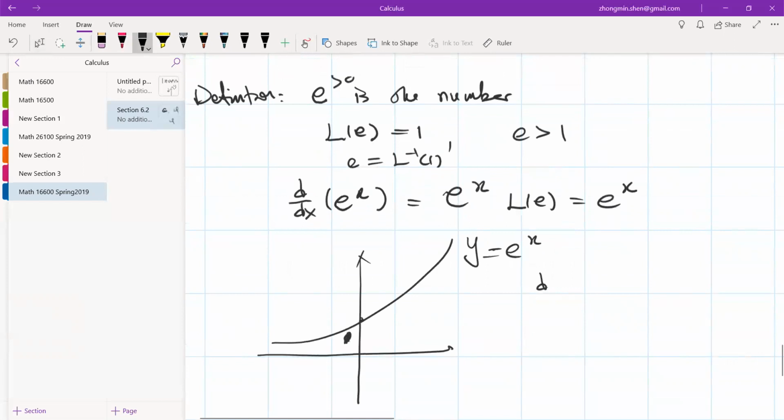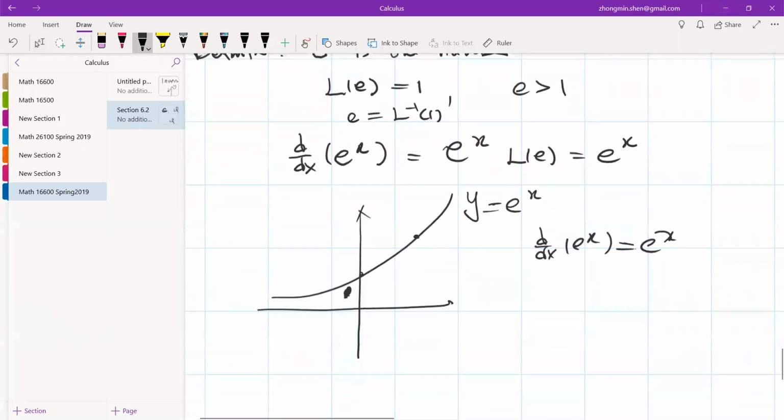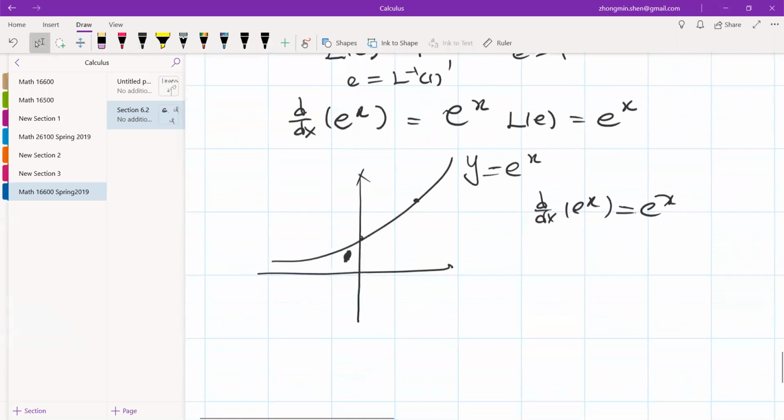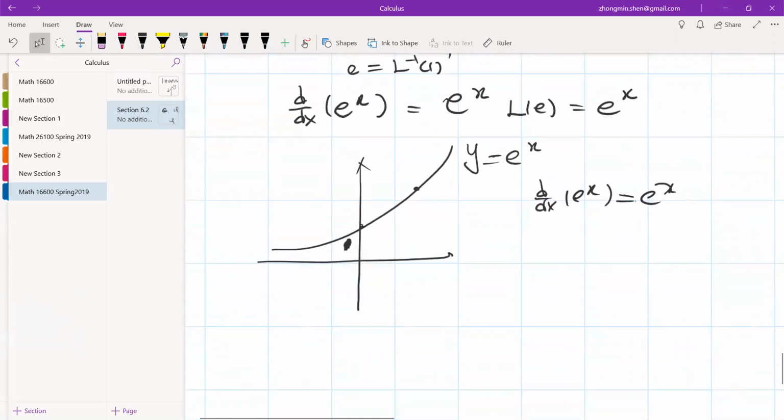But remember, the derivative of e to the x is e to the x, so the slope at every point is the height of that point. This e is a very special number.